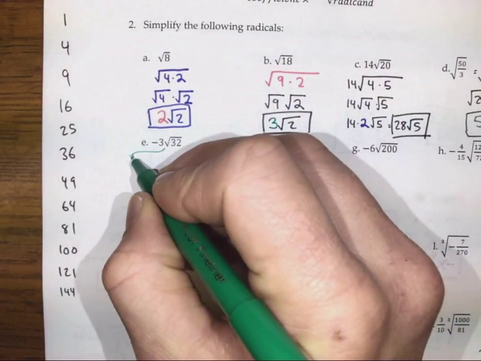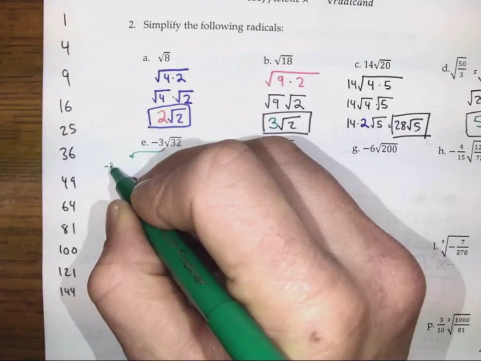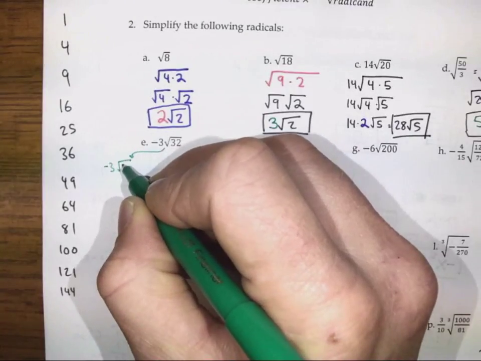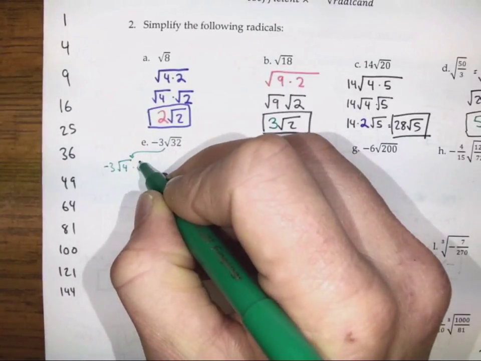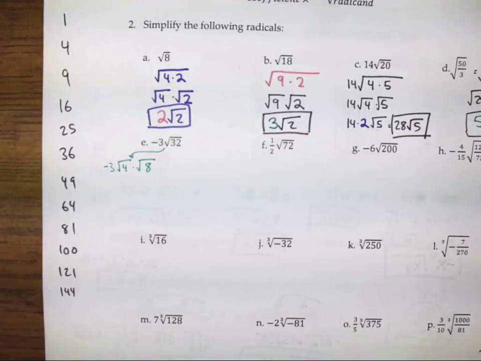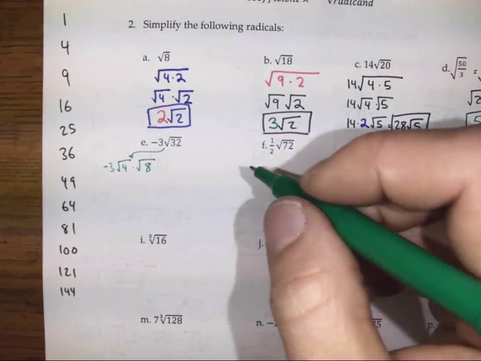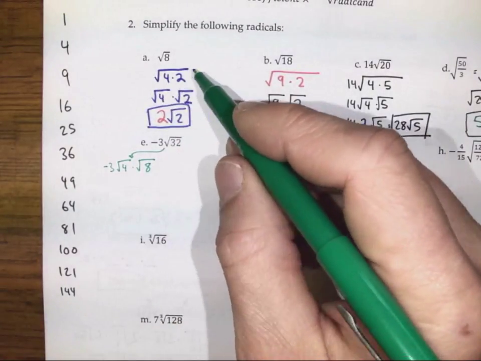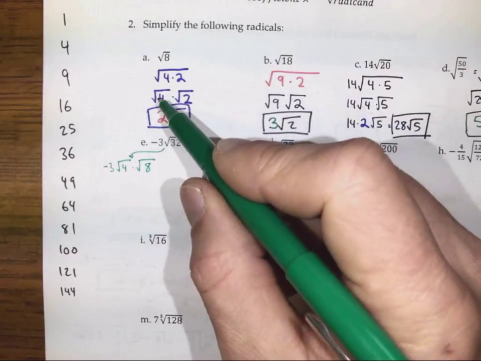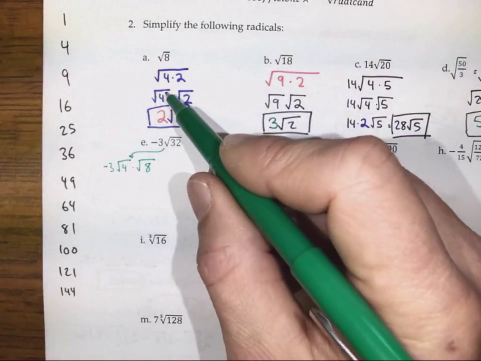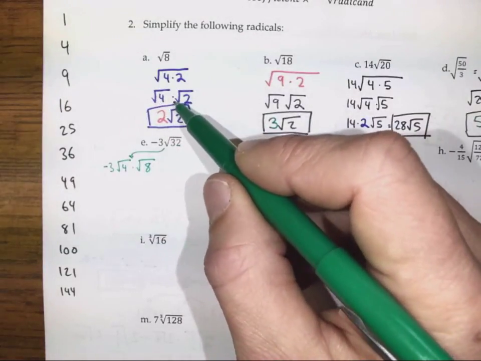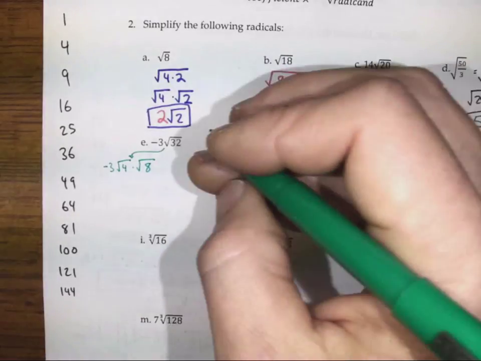So what I can do is I can say, okay, well, that's negative 3 root 4 times root 8, right? Now, you notice what I did there is actually I just skipped this step because I think we've done a few of these now, and so I'm just going to jump straight to writing the nice radical that can be resolved and the other thing.